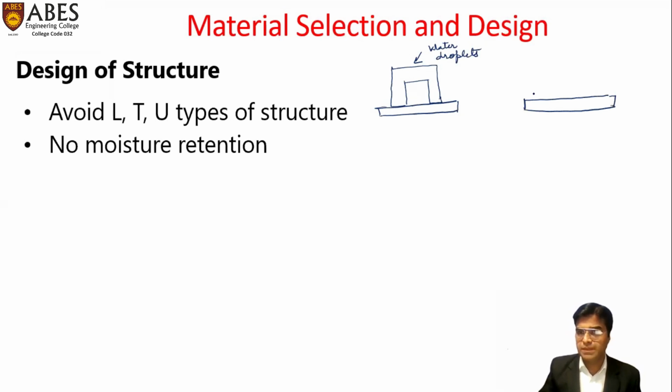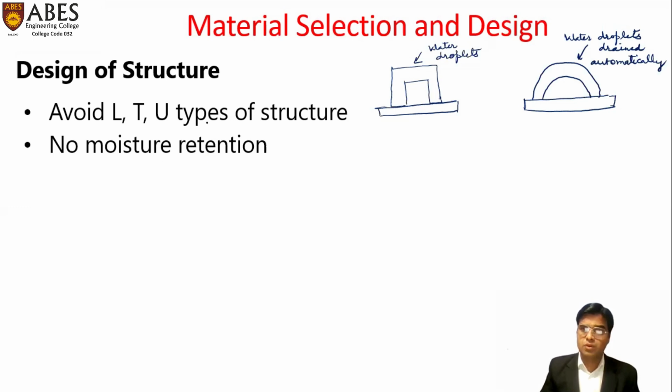So the shape here may be like this. Because of the curved surface here, the water droplets will automatically drain off. So our structure should not allow the moisture retention to prevent the corrosion.